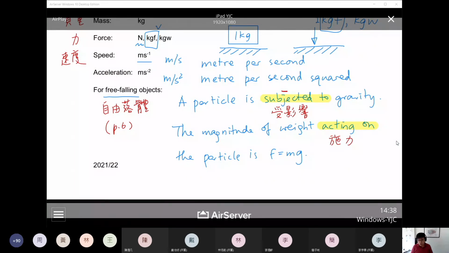And so the magnitude of weight acting on the particle, the force put on the particle, is F equals mg. Is that okay?